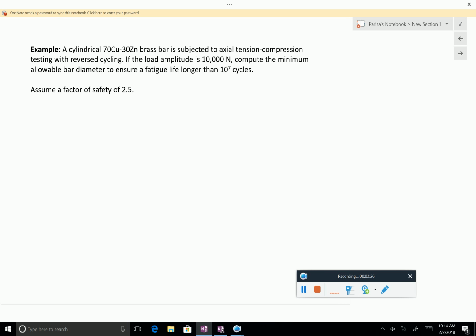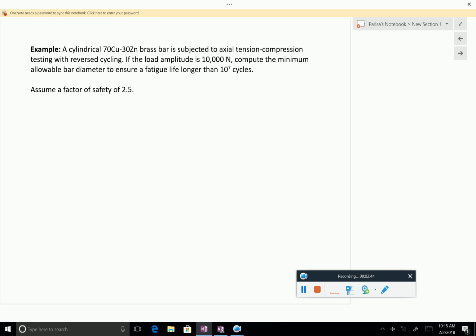So a cylindrical brass bar, you see the exact composition, which can help you find it in the graph that you have in the previous slide, is subjected to axial tension compression with reversed cycling.